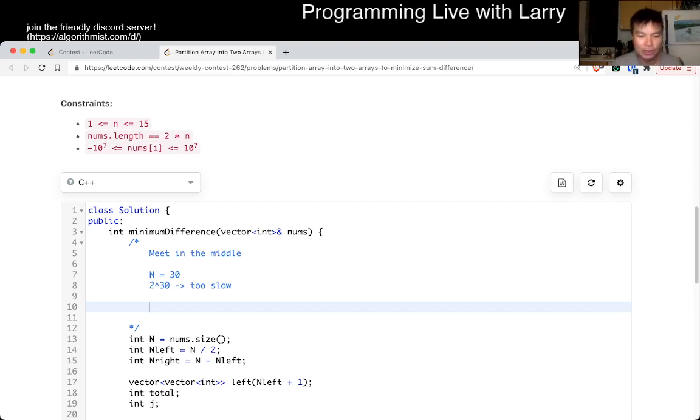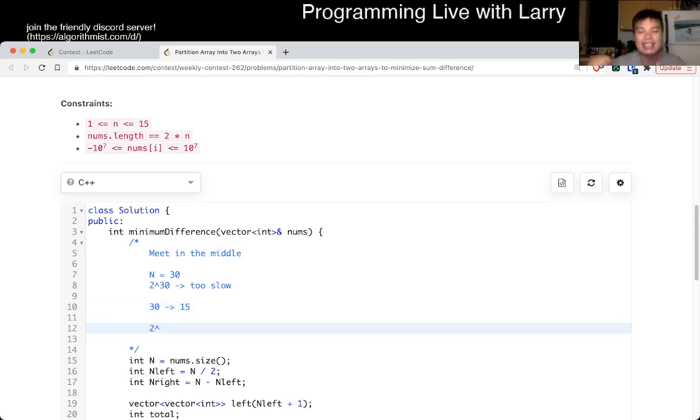You can divide it into two problems of size 2 to the 15 and 2 to the 15, say, or maybe a better way of saying is that you break an array of 30 elements into 15, and then now you're solving two problems of 2 to the 15, kind of like a divide and conquer type thing, but only once. You try to merge them in a way that is not exponential. So that's basically the idea here.